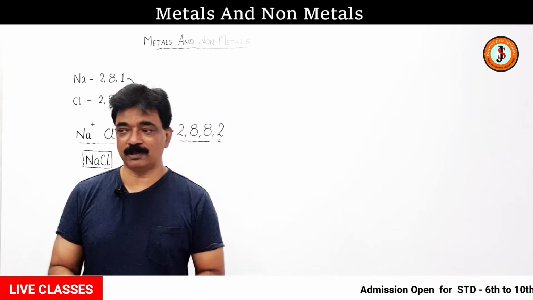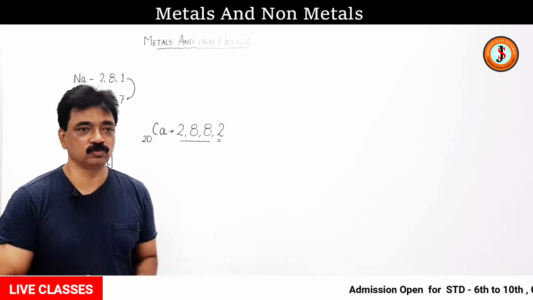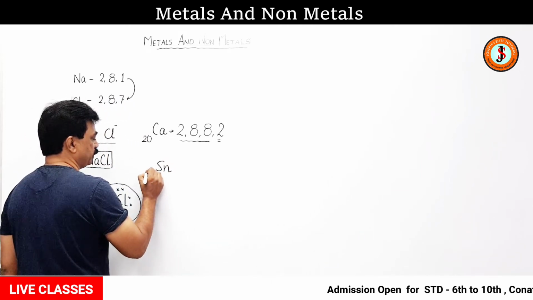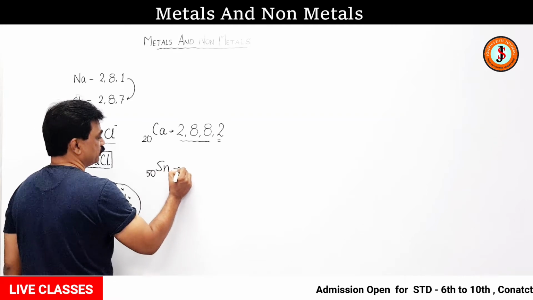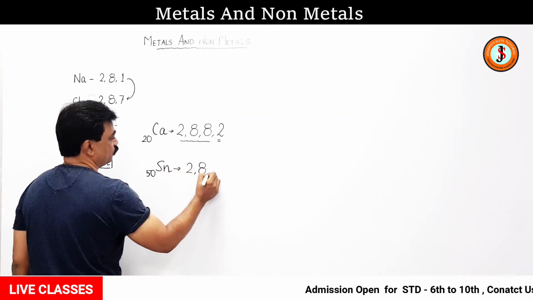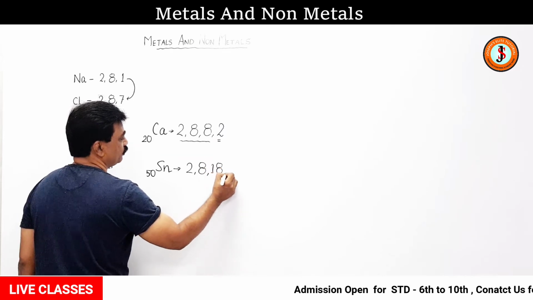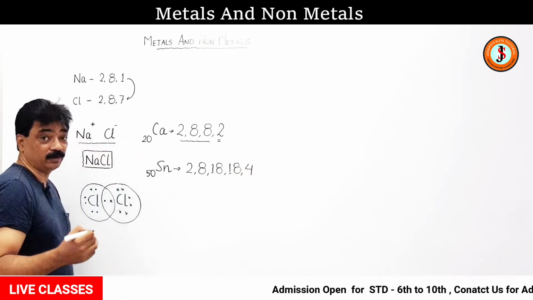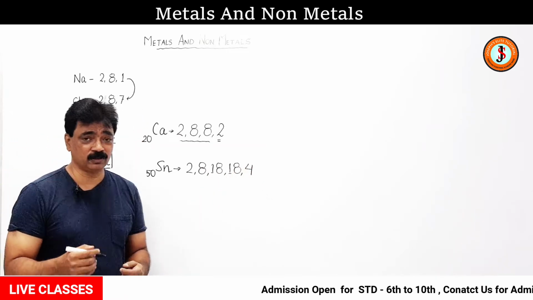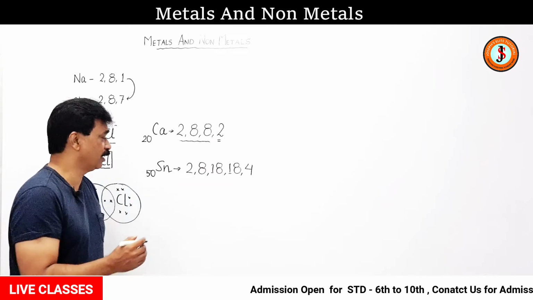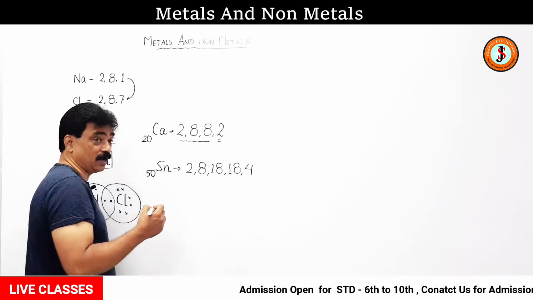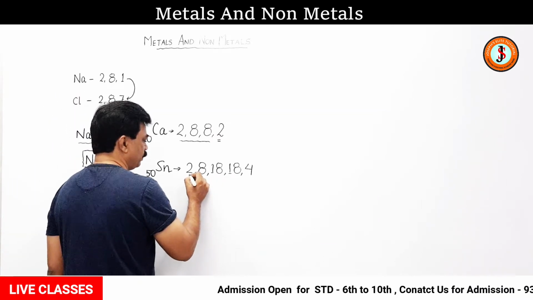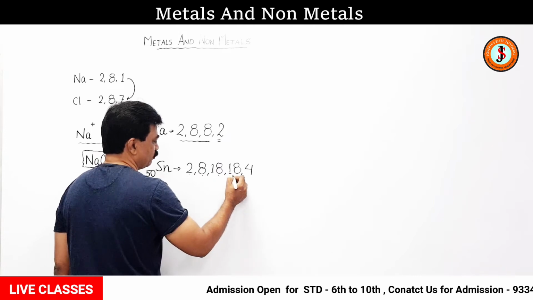But in a competitive examination, or if some teacher asks you, listen, tin has 4 electrons in its outermost orbit, but you should know that tin is a metal. Your answer should be the definition of metals which we gave in the beginning: metals are elements, the atoms of which have a tendency to lose electrons. Now see, this is orbit 1, orbit 2, orbit 3, orbit 4 and 5th.